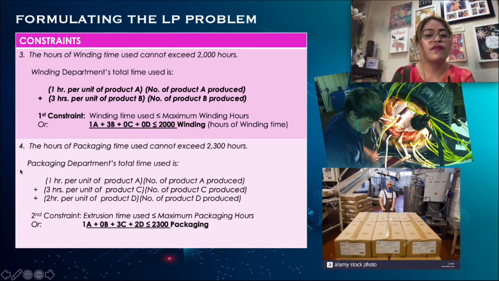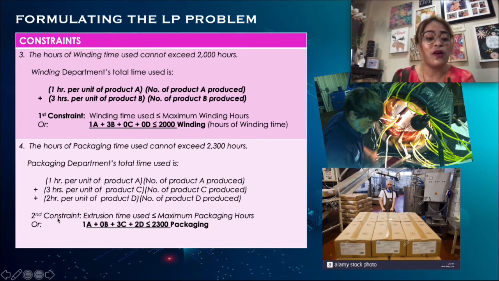And the fourth constraint: the hours of packaging time used cannot exceed 2,300 hours. So, the packaging department's total time used is 1 hour per unit of product A times the number of product A produced, plus 3 hours per unit of product C times the number of product C produced, plus 2 hours per unit of product D times the number of product D produced. And our fourth constraint, again, this is not the second constraint, that's a typographical error.